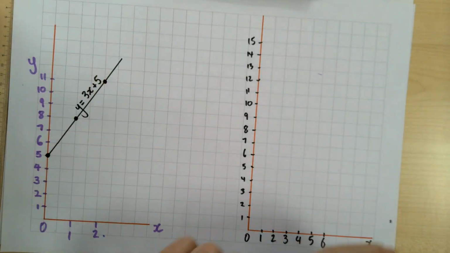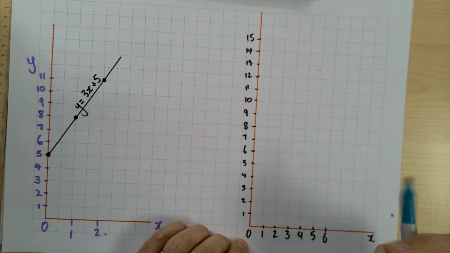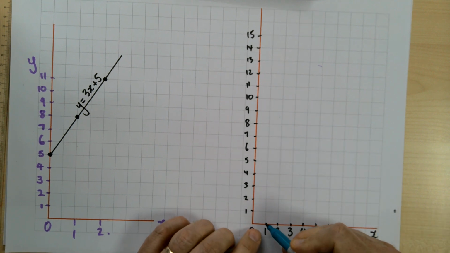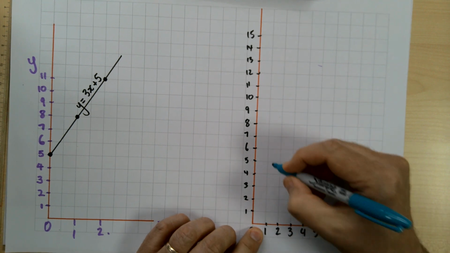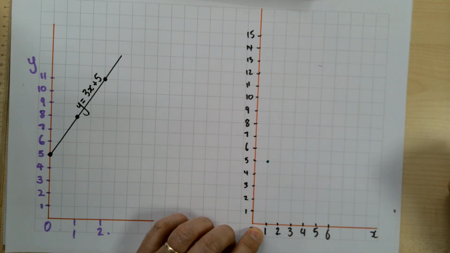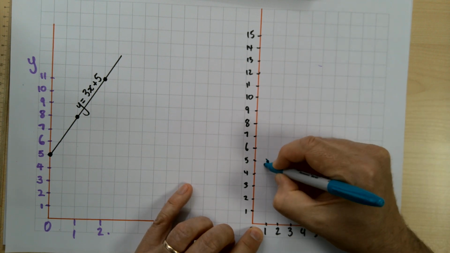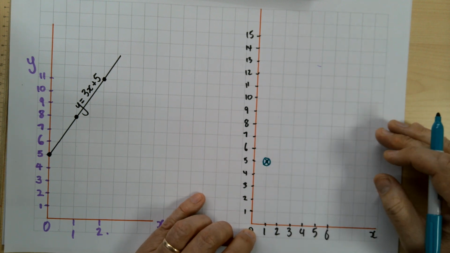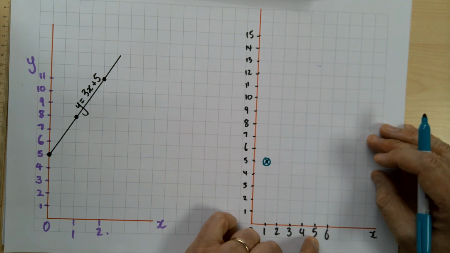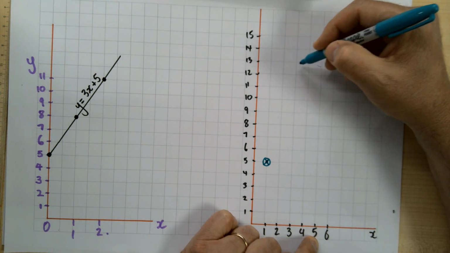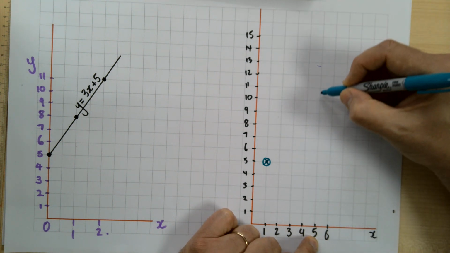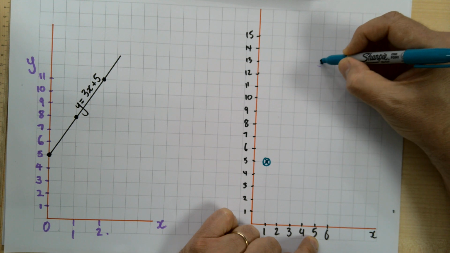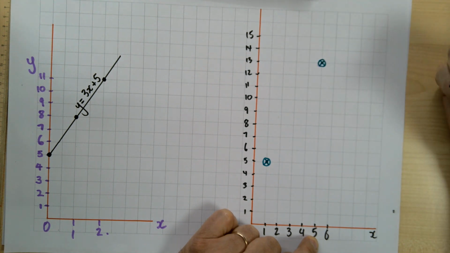Let's get a different colour here. Okay, if x is 1, so there's x is 1, y is 5, so that's there. Alright, the next one is when x is 5, y is 13. So there's 13 there. I go up. That's that one.